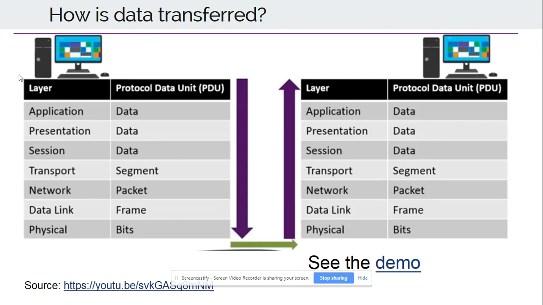Basically the information is broken down into smaller pieces. The data comes down from this computer as an application, is broken down into presentation, then session, and goes all the way down to bits. Bits are like binary numbers, zeros and ones. In other words, the information is broken down into small electric impulses.